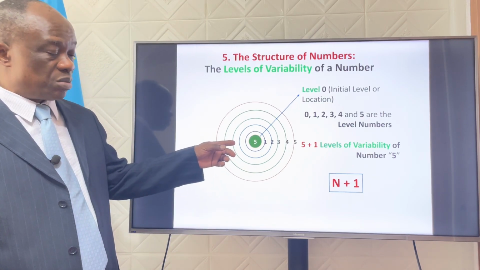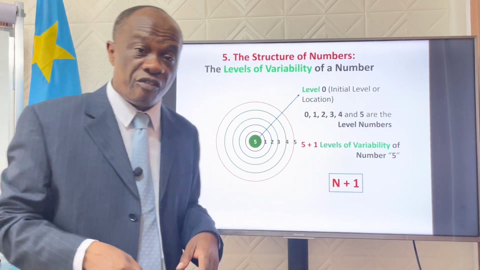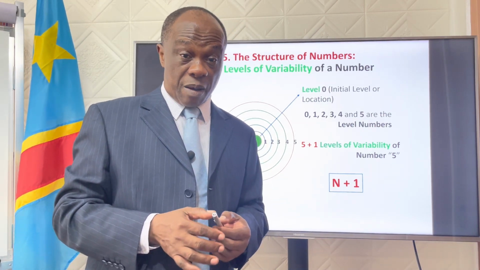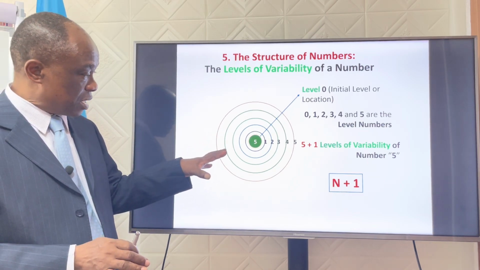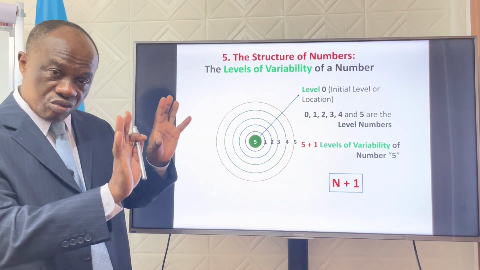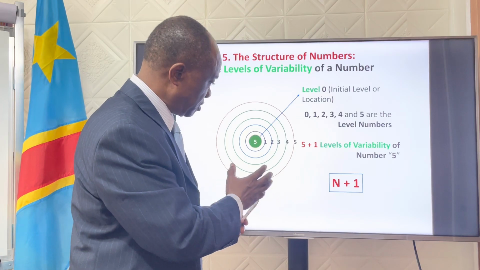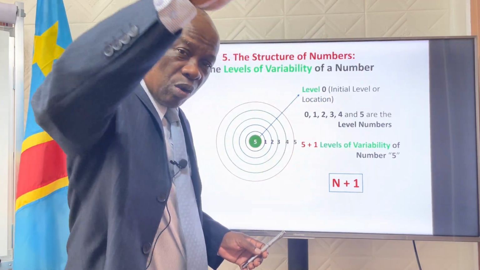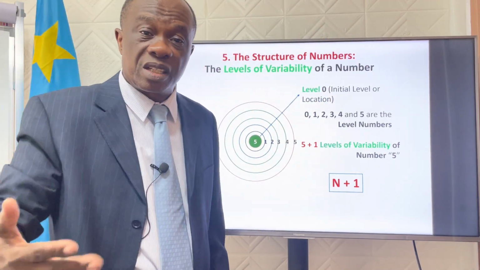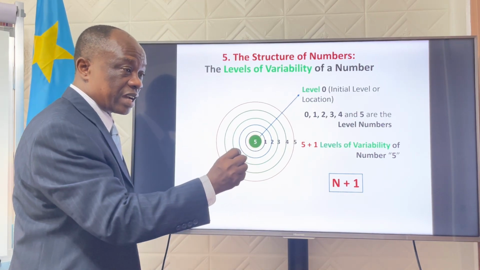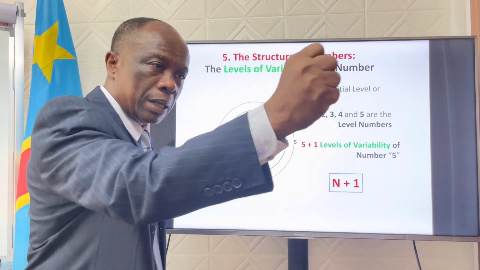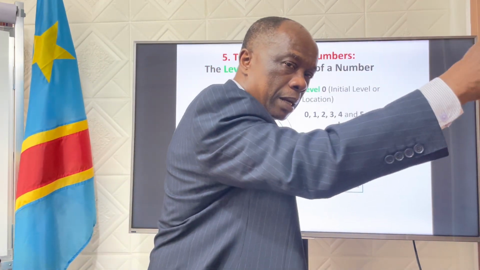And why do we need to know this? Because we are going to study what we call the vibration of numbers. Numbers vibrate, and when they vibrate, they can go only up to a certain level. So 5 can vibrate, going pam, pam, pam, pam, pam.